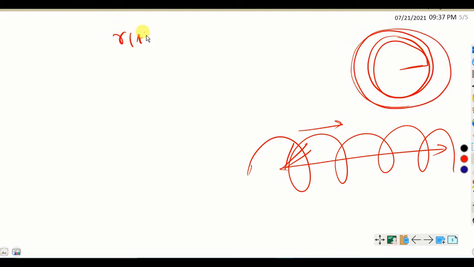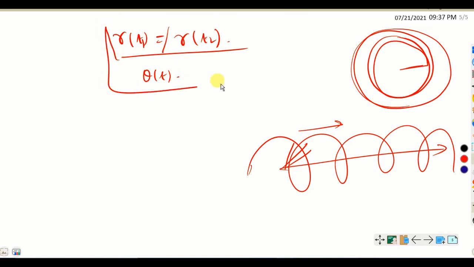Therefore rt1 is no longer equal to rt2, but we can assume that this is again a kind of circular thing, and theta is again changing, because the orientation is changing.